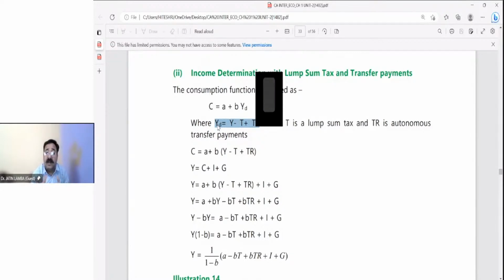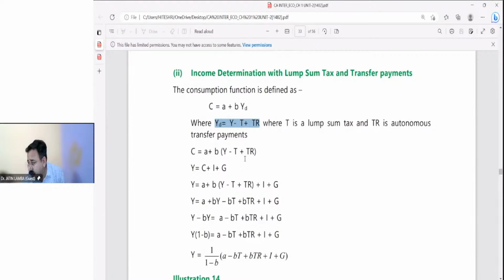But there are some transfer payments made by government to the people in the form of subsidies, old age pension, scholarships, right? So these transfers are also added to the income of the people. So it will be added, right? Is it clear, children? Or if there is any doubt you can ask right now.